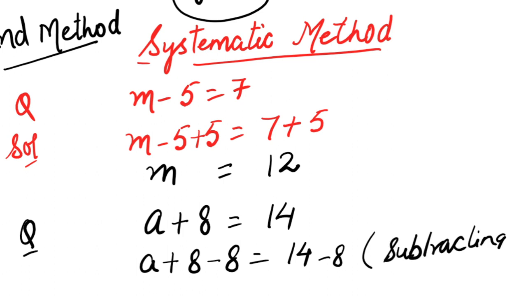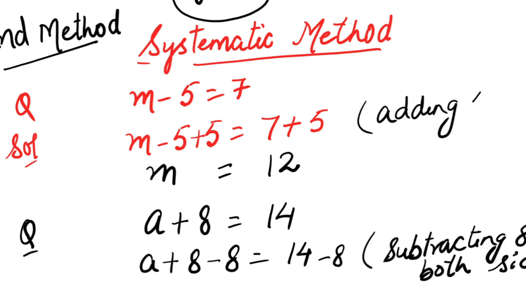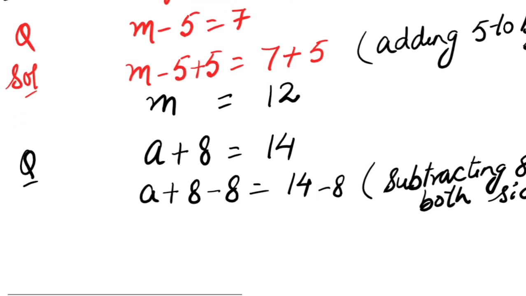What does the rule say? Whatever you subtract, subtract from both sides. So when we subtract, 8 minus 8 is 0. Now the variable remains independent. So the value of a is 6.